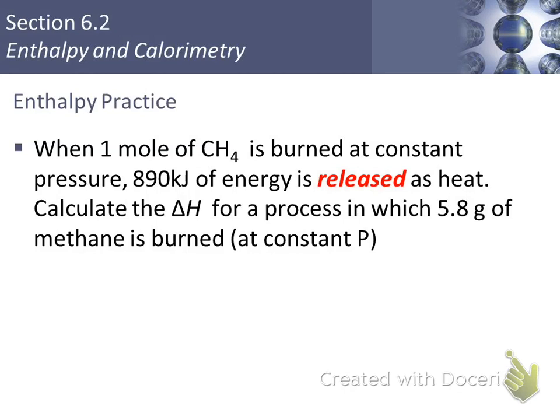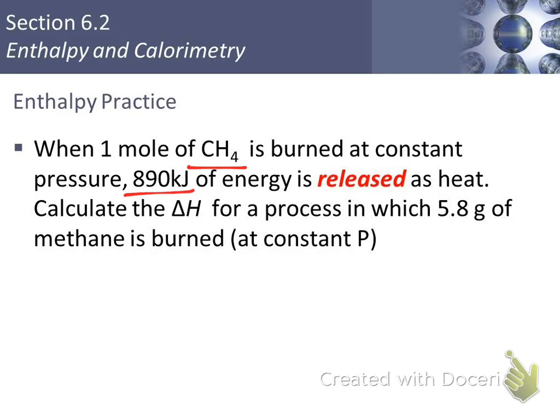So this time we're doing it without the reaction, but it tells us that for 1 mole of methane, we know how much energy is released. We could write out a balanced chemical reaction here, but there's not really a need to, because we know that for 1 mole of CH4, we release this much energy.